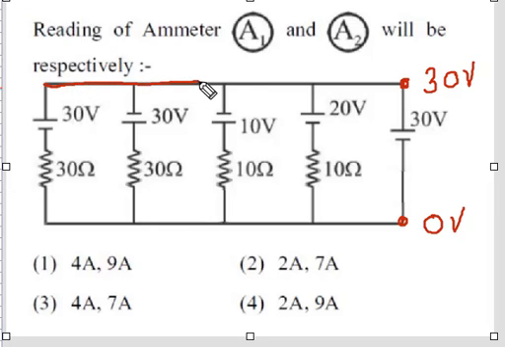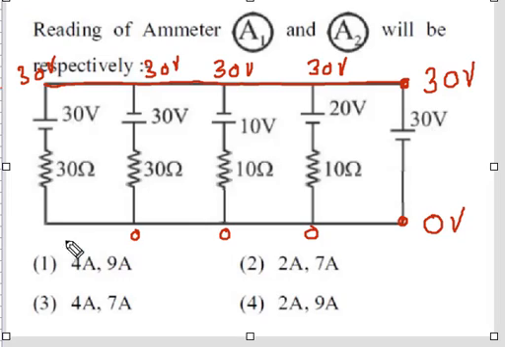All these points have the same 30 volt potential everywhere. Similarly at the bottom everywhere you have 0 volt. So this is the initial setup you want.